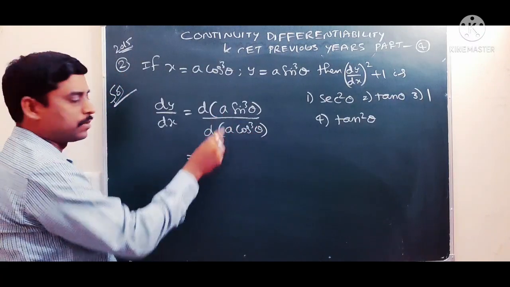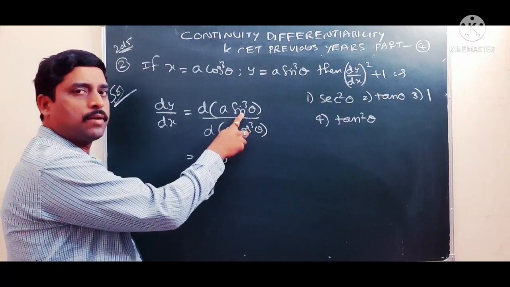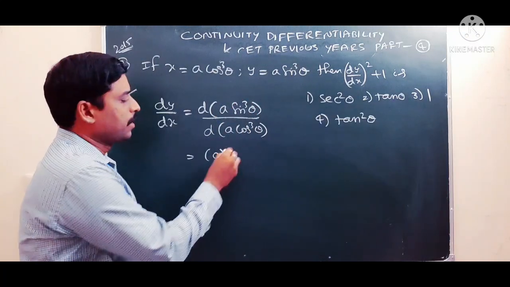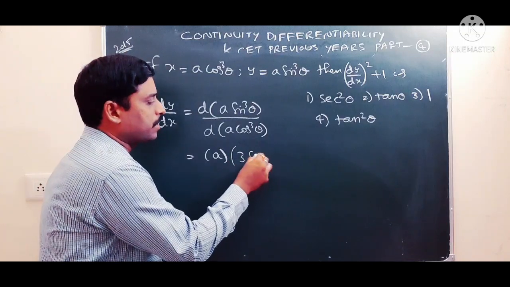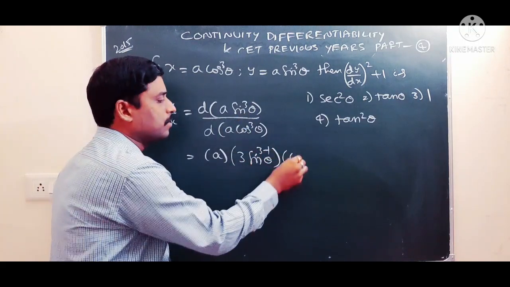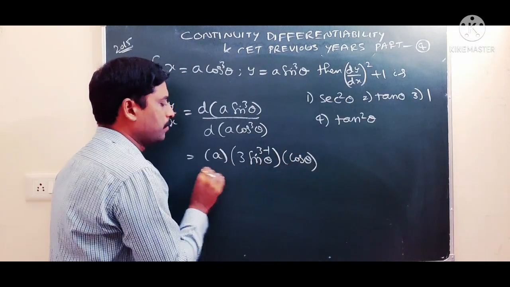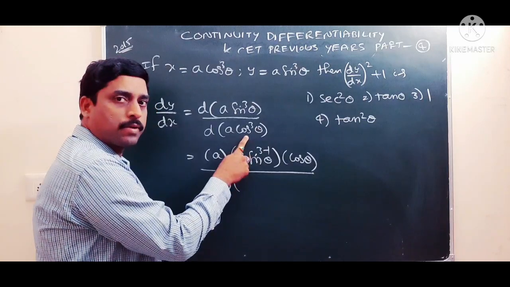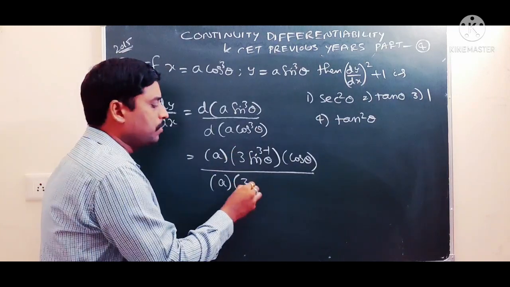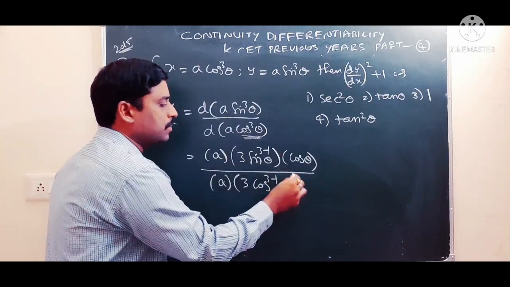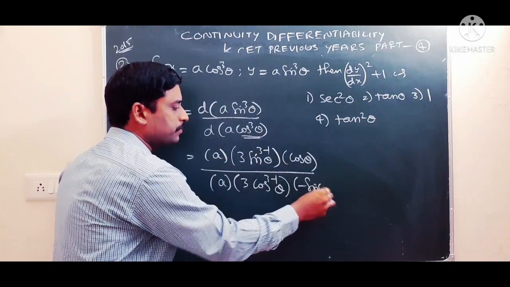Now in this a is constant, derivative of sin theta whole cube by using x to the power n, n times x to the power n minus 1, into the derivative of sin theta by using chain rule. In the denominator a is constant, derivative of cos cube theta. So 3 into cos power 3 minus 1 into derivative of cos, this will be minus sin theta.